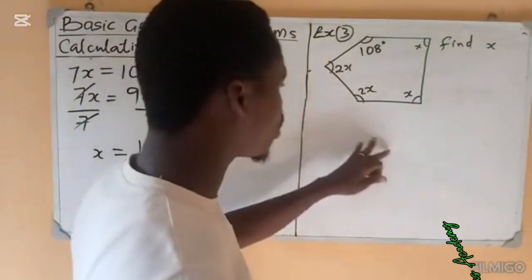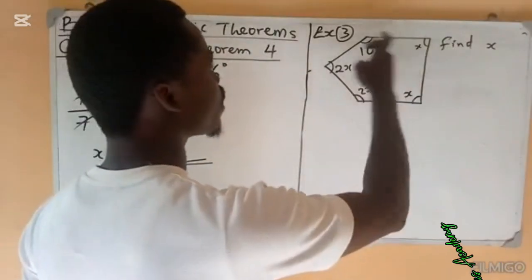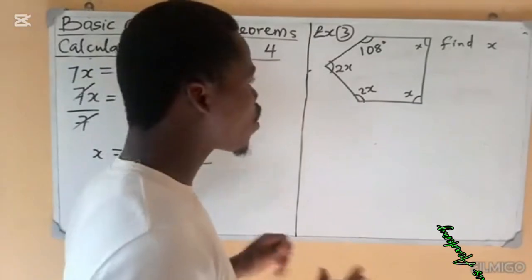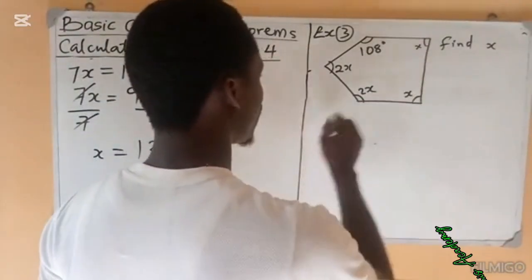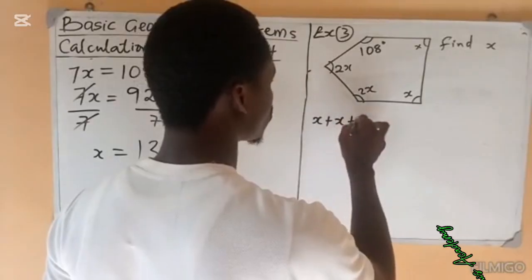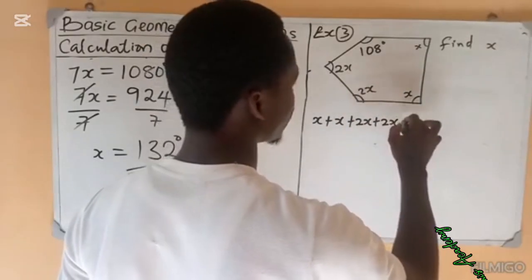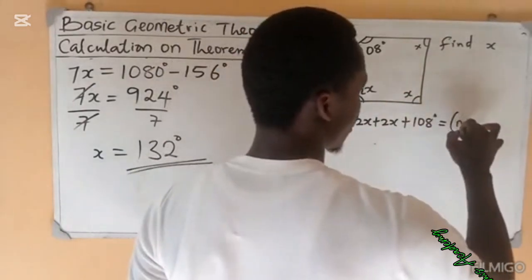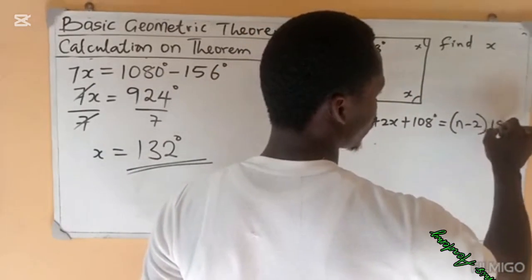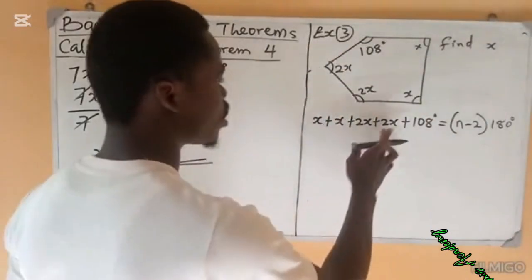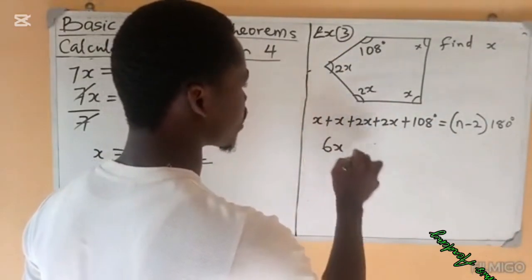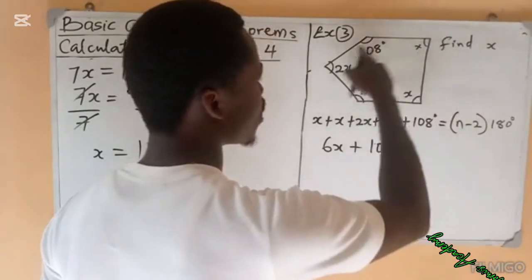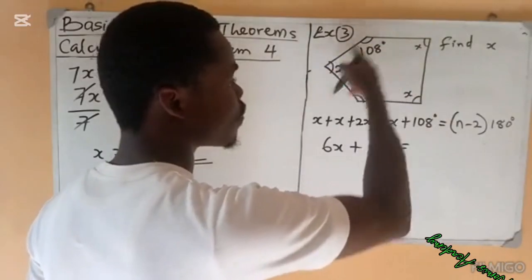To do that, of course, you remember that the sum of the interior angles is equal to n minus 2 multiplied by 180. So let's do that. We have x plus 2x plus 2x plus 108 degrees is equal to n minus 2 multiplied by 180 degrees. So the whole of this will give me 6x plus 108 degrees equal to, remember this is a pentagon, 5 sides.